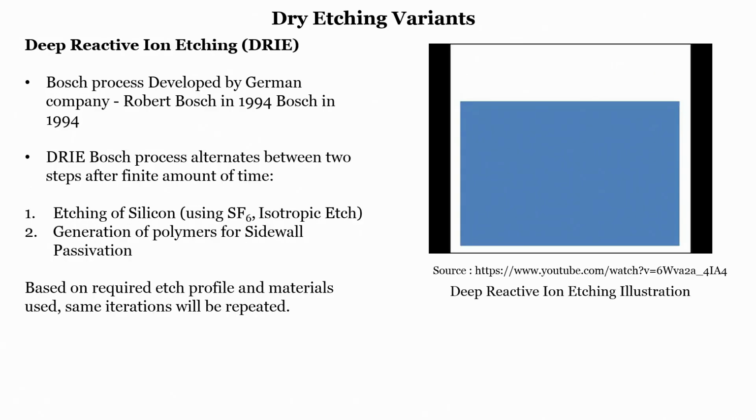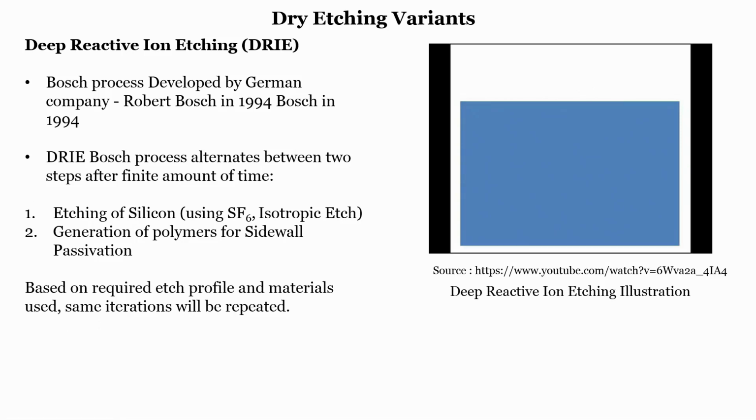The deep reactive ion etching, the Bosch process, was developed by the German company Robert Bosch in 1994. So this is also called the Bosch kind of etching, and a deep reactive ion etching illustration is shown in this particular video.